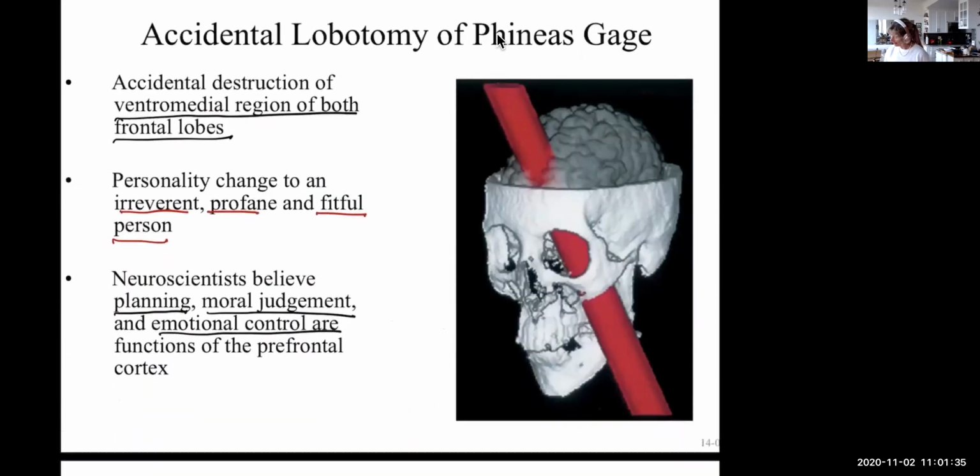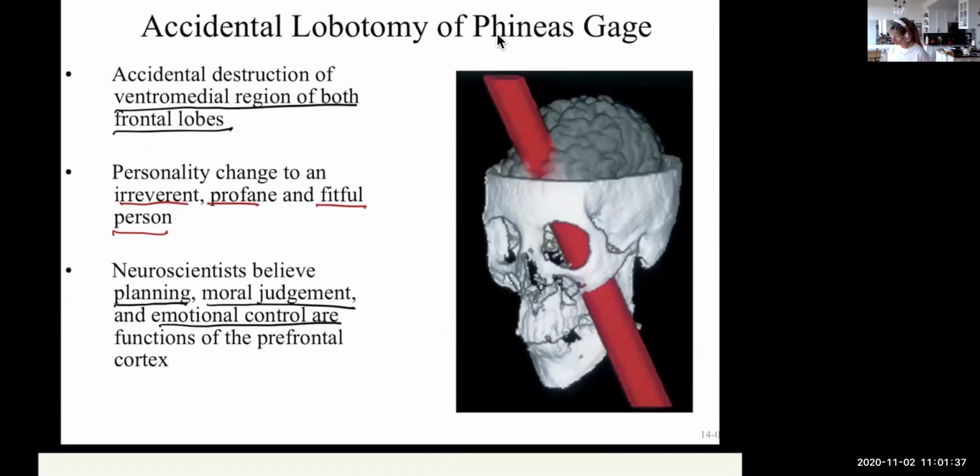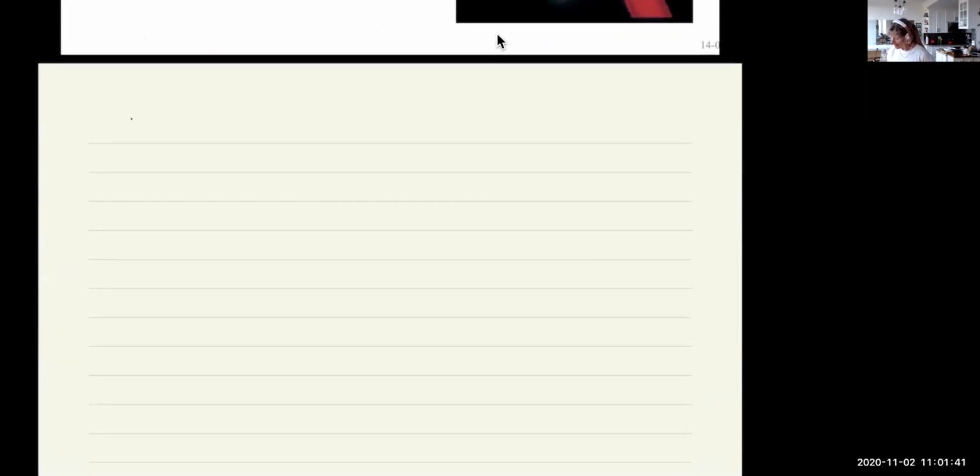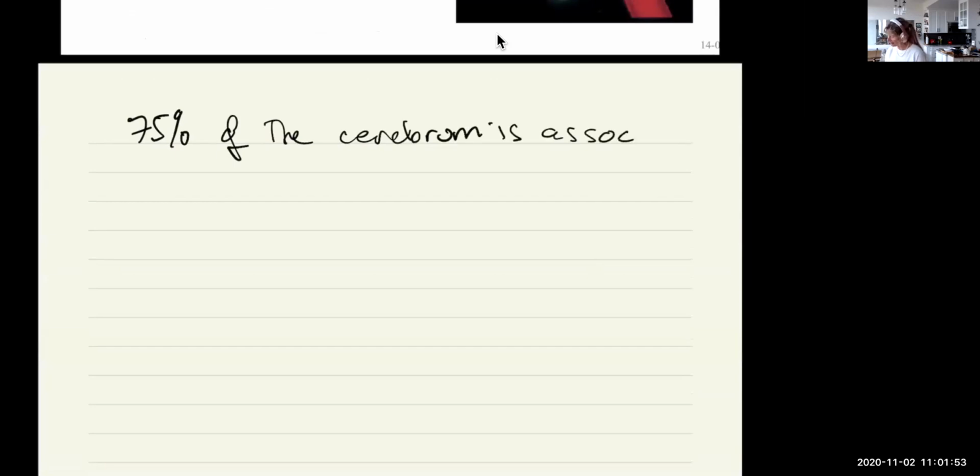So let me just add a little bit here. 75% of the cerebrum is association areas. Association areas of integration between sensory and motor neurons.